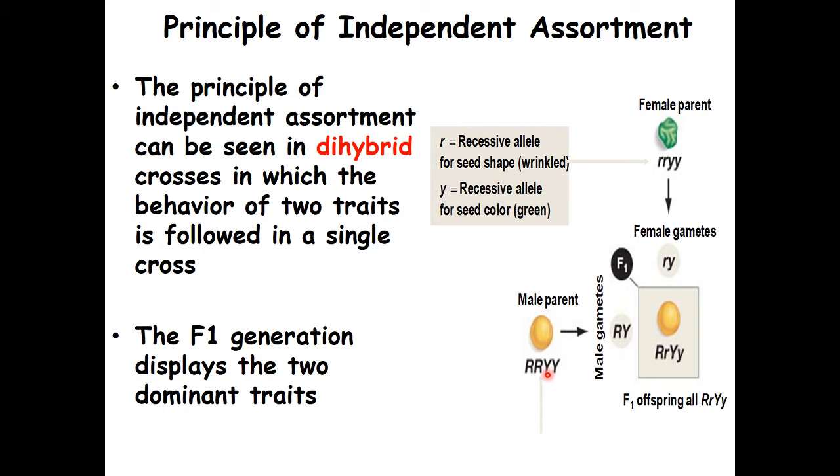These two different characteristics are on two different chromosomes. So for this male parent, one characteristic could be homozygous dominant, and the other characteristic is homozygous. Just remember in a dihybrid cross, for each characteristic, you have two alleles in the germ cells of the parents.